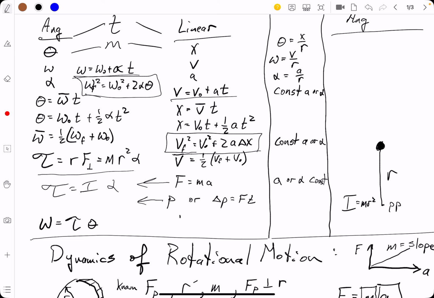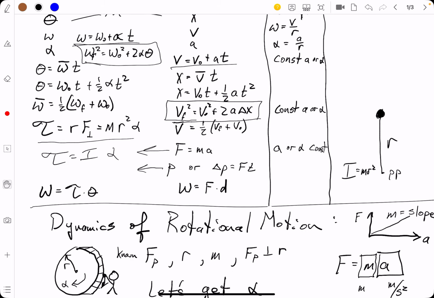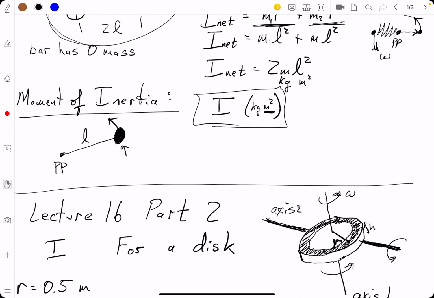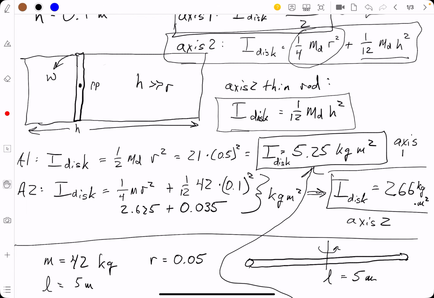On this side, our work is equal to our force times our distance. So there you have it. With this one has theta equals 0. This one doesn't need one because the torque is in the same direction and all that. Okay, so we've got work equals torque times theta, and work equals force times distance.